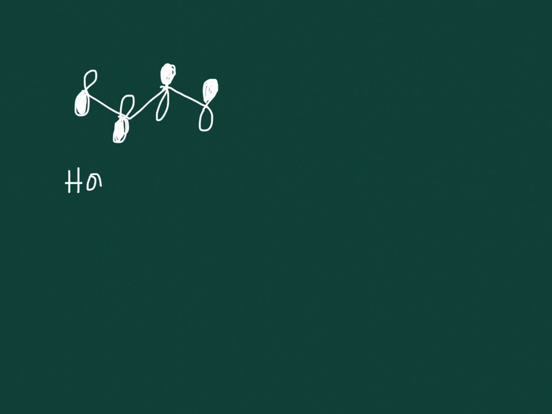In the S-trans conformation of 1,3-butadiene, if we look at the HOMO, okay, so this would be the HOMO, the highest occupied of the S-trans conformation.